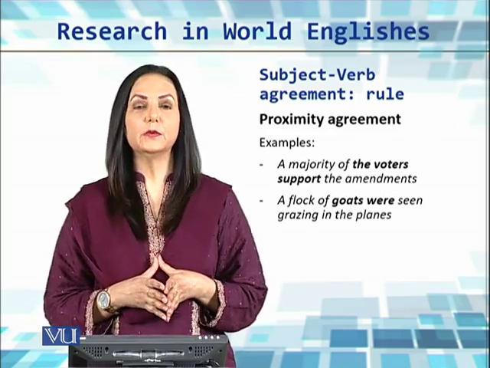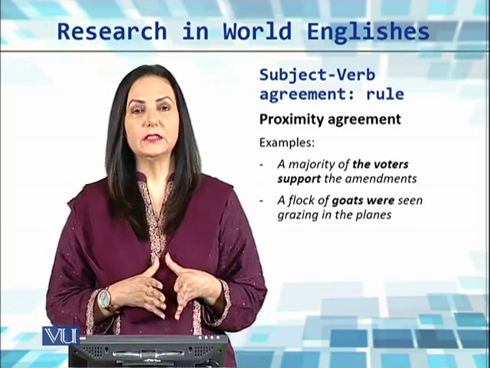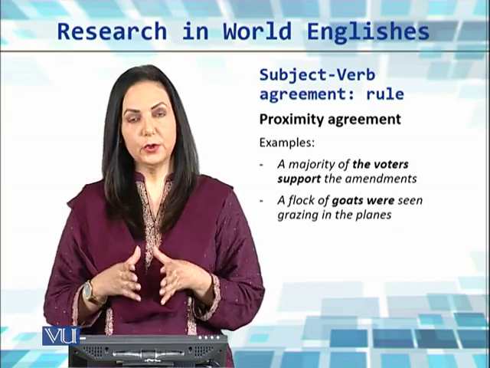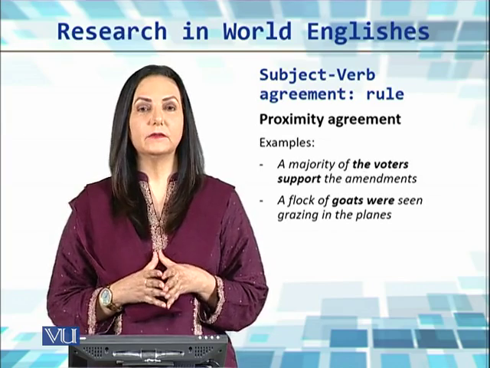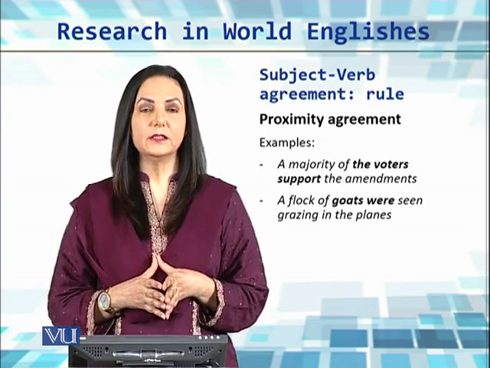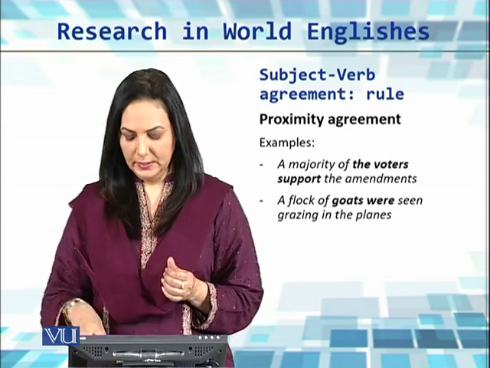The verb agrees with the noun goats rather than a flock, which is the real subject of the sentence. So in this way, according to proximity agreement, the verb agrees with the noun which is closer to it in distance, rather than the actual subject of the sentence.